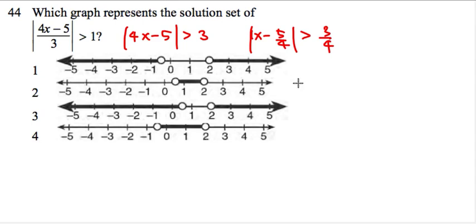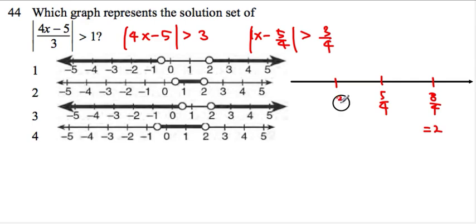Then once again, we're going to draw a number line here from 5 over 4. The distance which we're going to measure is 3 over 4. So if I go up by 3 over 4, I'll be getting 8 over 4, which is equal to 2. If I go down by 3 over 4, then I'll be getting 2 over 4, which is equal to 1/2.